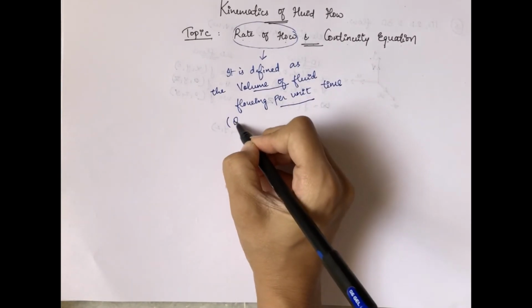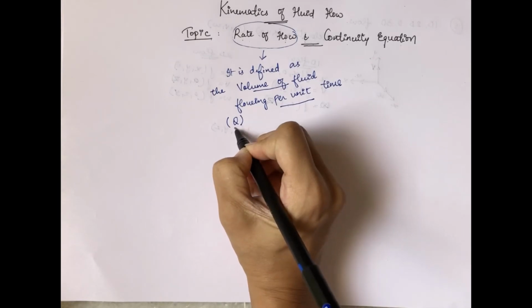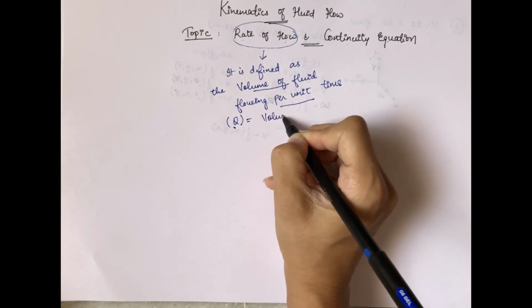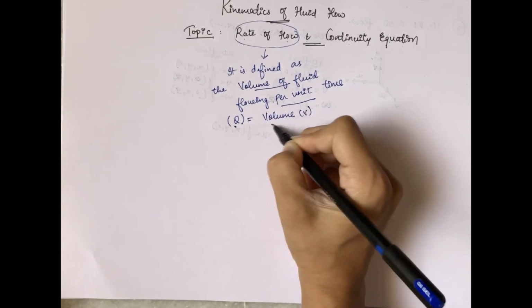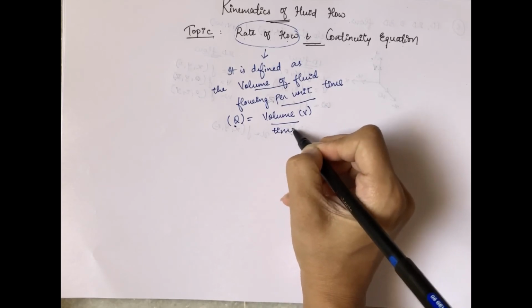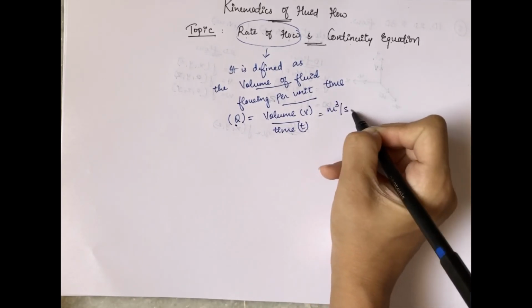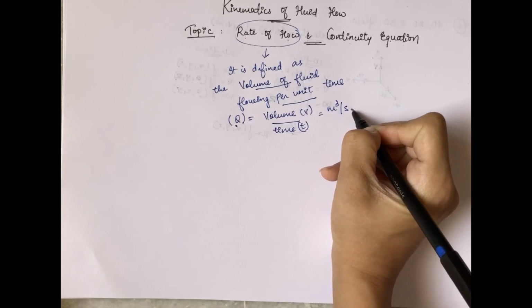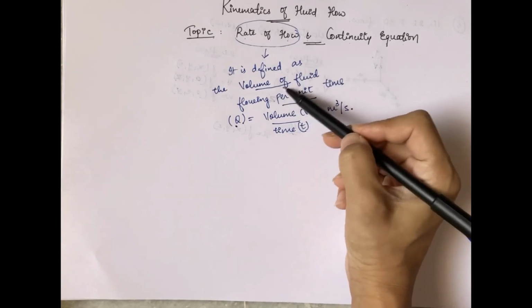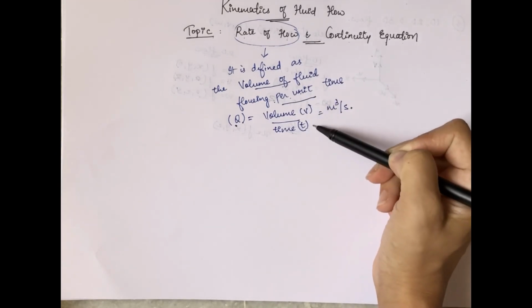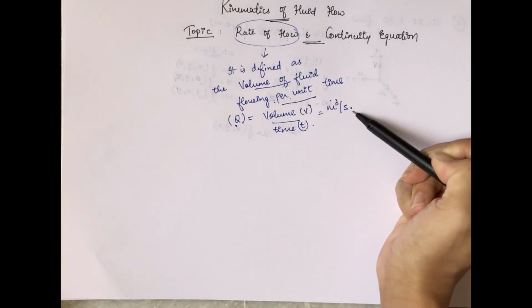It is denoted by the symbol Q and it is also referred to as discharge. Discharge is nothing but volume V per unit time T. Its unit is meter cube per second. So rate of flow is defined as the volume of fluid flowing per unit time, volume by time, and its unit is meter cube per second.